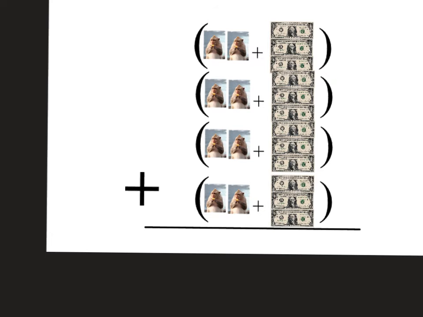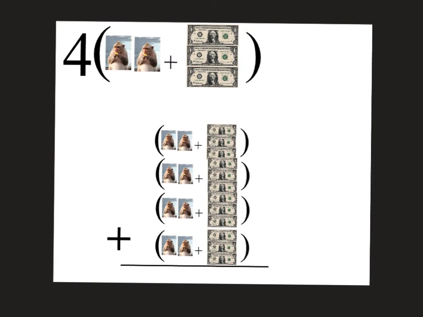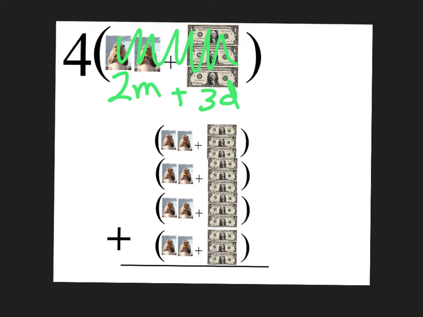Now, if I put this back into a little bit of a different terminology here, we could look at this as 2M, 2 monkeys, and this as 3D, right? I'm just going to take the pictures out and look at it as variables, which is what we're working with. Then what I have is 8 monkeys, remember?